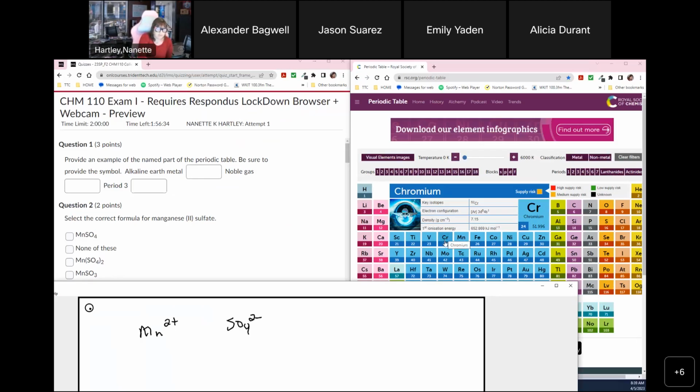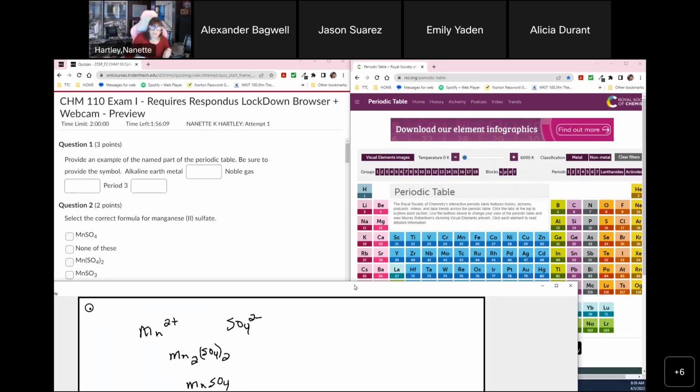Since I have Mn2 plus and SO4 2 minus, the way that I would do this is the charge on the sulfate becomes the subscript on the Mn, and the charge on the manganese becomes the subscript on the SO4, but I can divide that to give me MnSO4. Since they're the same number, I don't necessarily need to put the 2's down there.